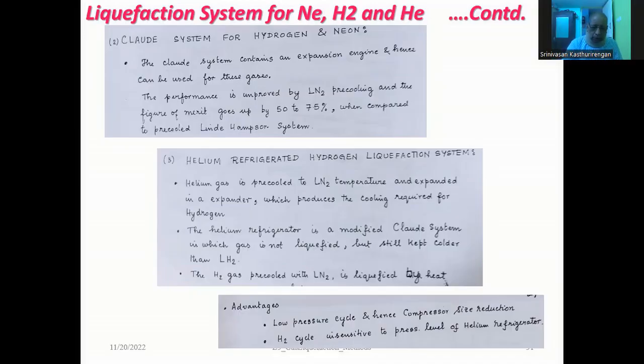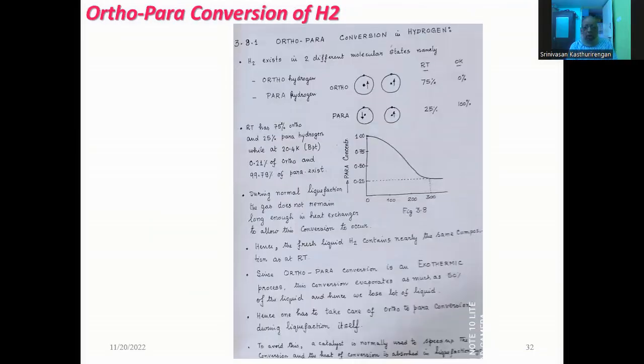So this is one of the methodologies which have been adopted. In fact, all over the world, people use this because it's a much easier method of producing liquid hydrogen. I believe even the system being adopted in Mahendragiri of ISRO uses this same procedure.